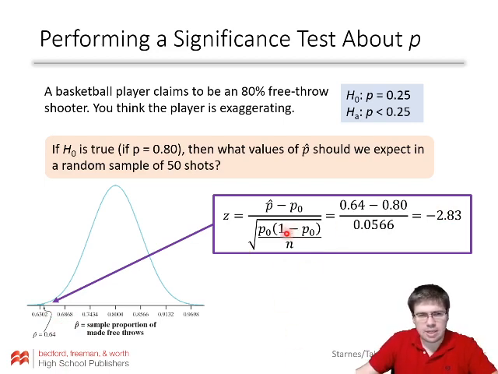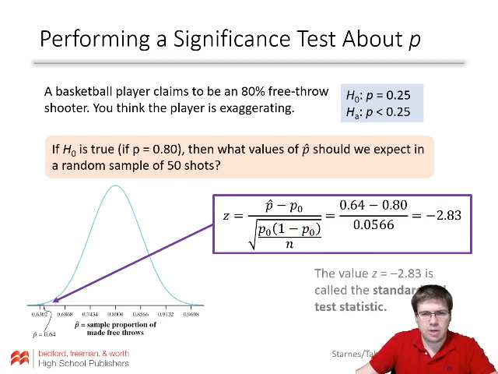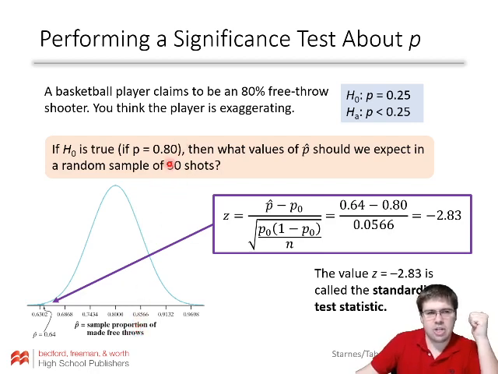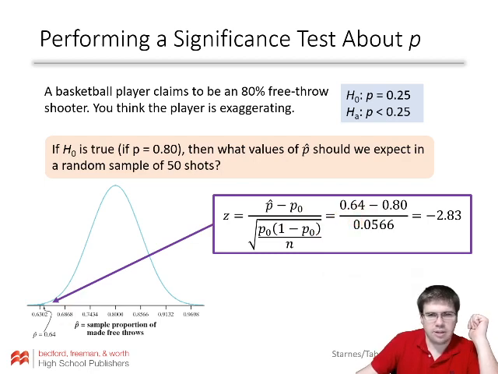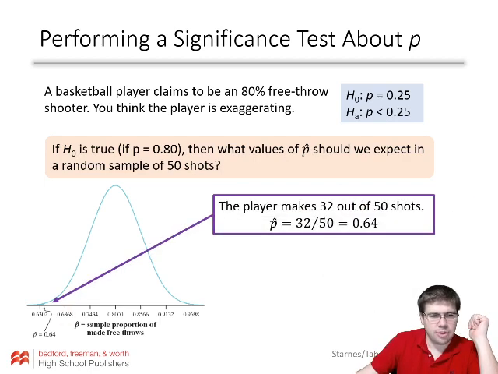But you need to know what this number is. You could do it in your calculator without finding the z-score, but this is actually known as the standardized test statistic. So there's a few terms in here. The test statistic is just the 0.64. It's the actual 32 out of 50.